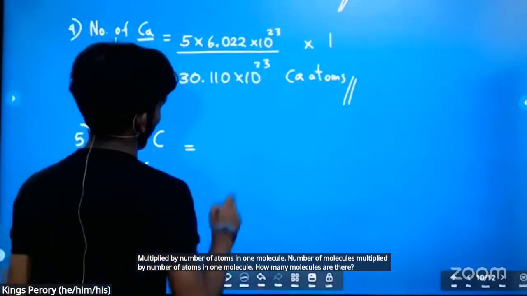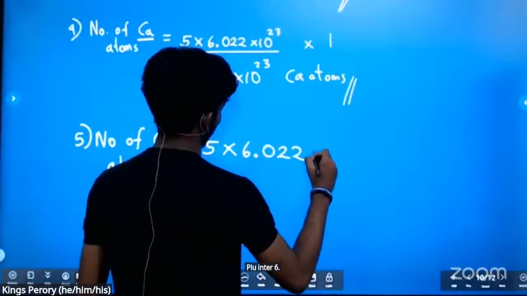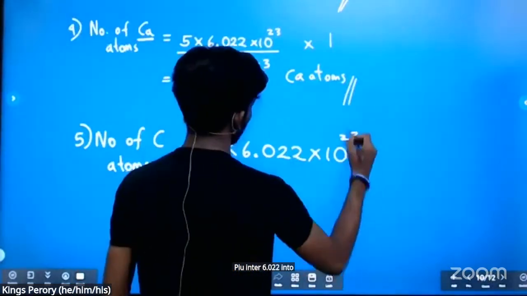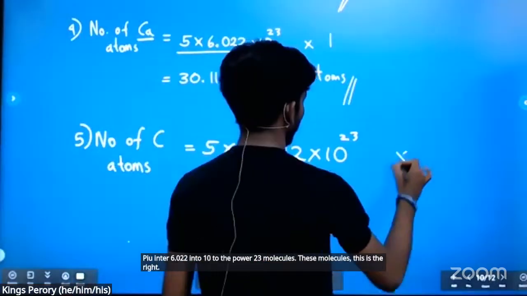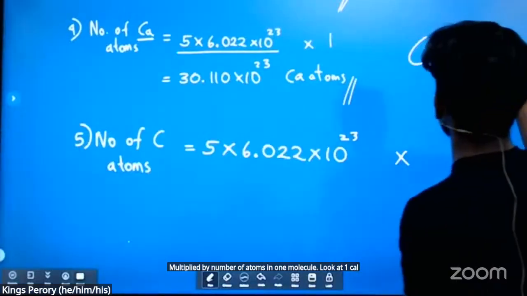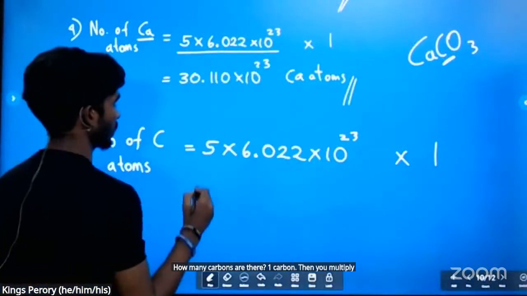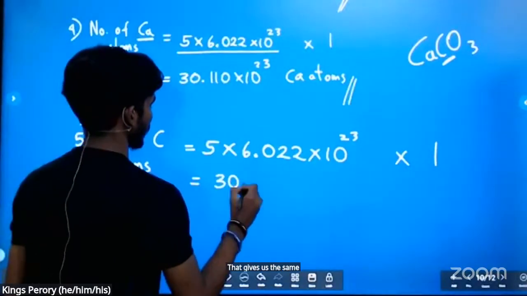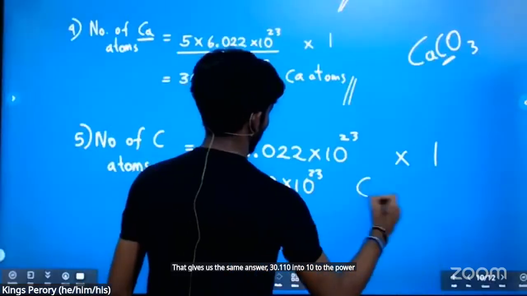That is that red part: 5 into 6.022 into 10 to the power 23 molecules. Multiplied by the number of atoms in one molecule. Look at one calcium carbonate. How many carbon are there? One carbon. Then you multiply by 1. That gives us the same answer, 30.110 into 10 to the power 23 carbon atoms.